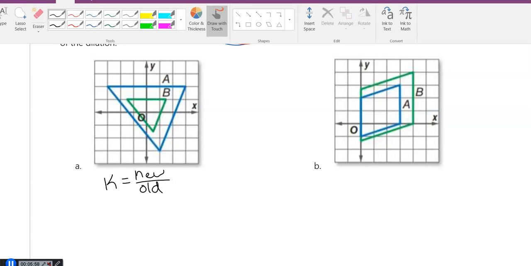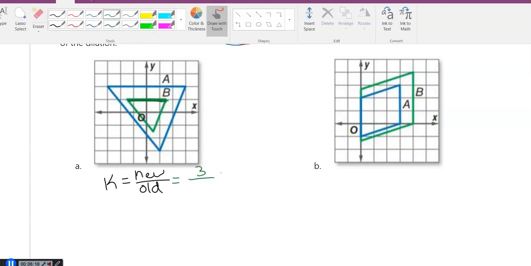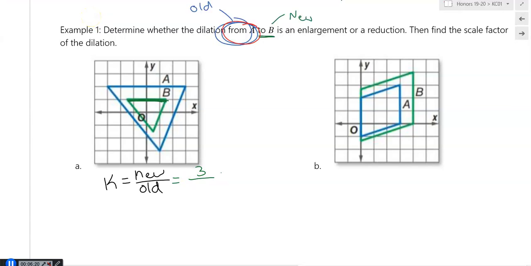Here our new is this B. I want to use a straight side. Here's a straight side, and it looks to be 1, 2, 3. I'm counting this as a half and that as a half. And A is 1, 2, 3, 4, 5, 6. So then K just equals 1/2.